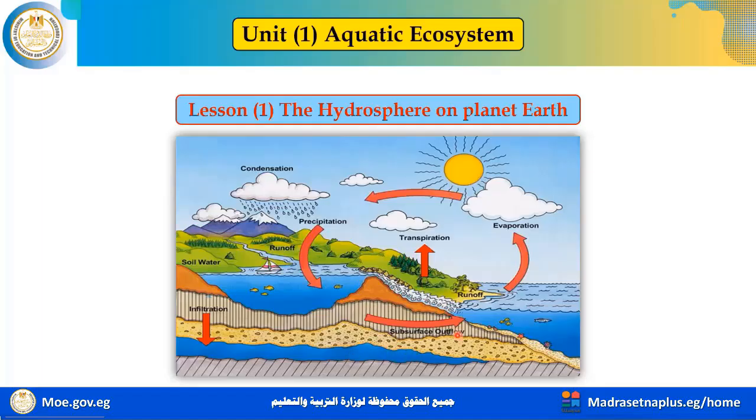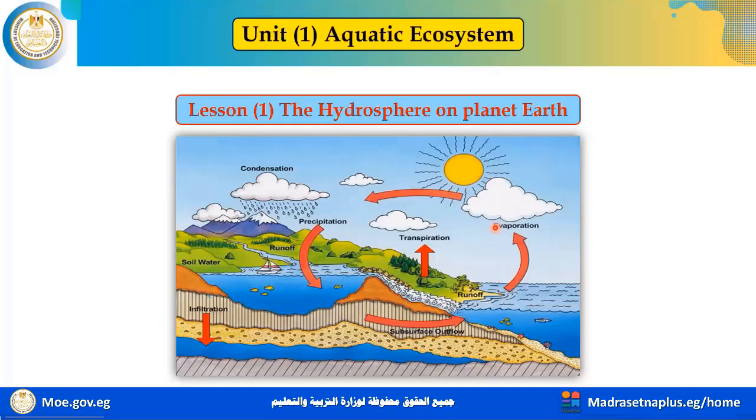And this cycle will continue. So evaporation, condensation, precipitation and infiltration, all of this is considered a closed cycle, which is called the water cycle or hydrological cycle.